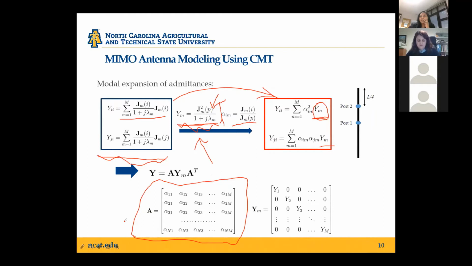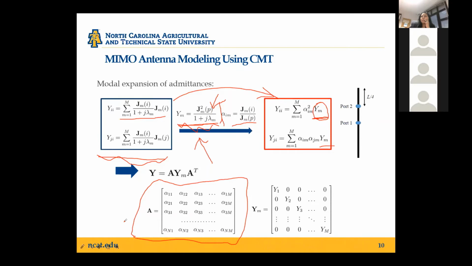Yes, it depends on which functions you are using. If you are using a Foster form or Cauer form, both can be solved with any transfer function, but the resultant network is a little different from what we are implementing. I see. Based on the formulation we have here, I think the natural way is using transformers. I've never thought about designing an equivalent circuit model purely based on LC elements.